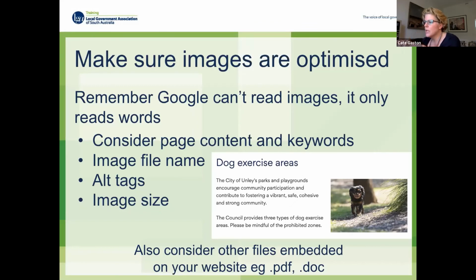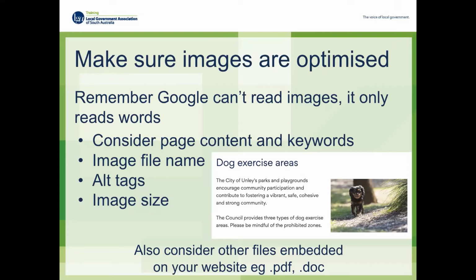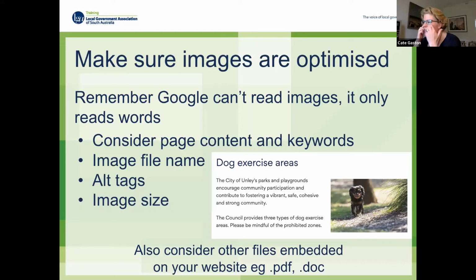Again, just making sure the keywords are used in those sentences. What I was thinking about is there are also tags you can place on your web page in the CMS, in the metadata. Yeah, in the metadata. Thank you for picking that up, Ebony.